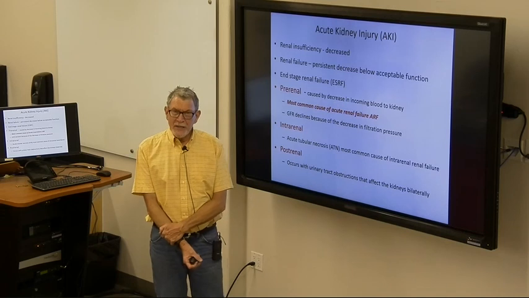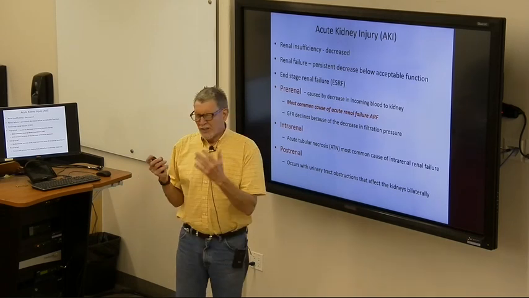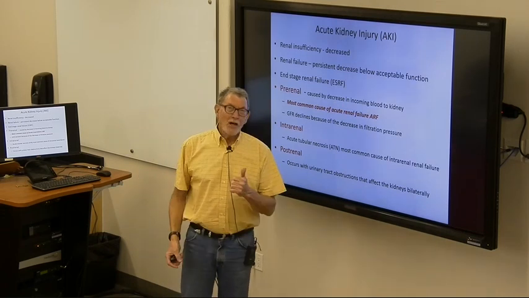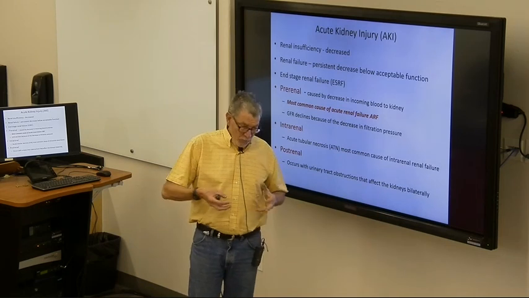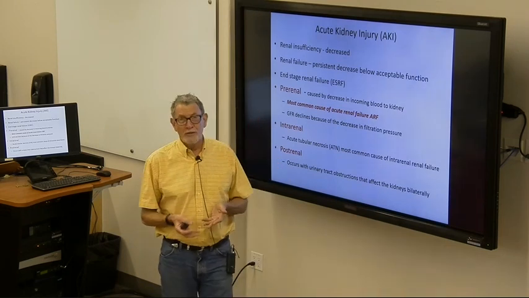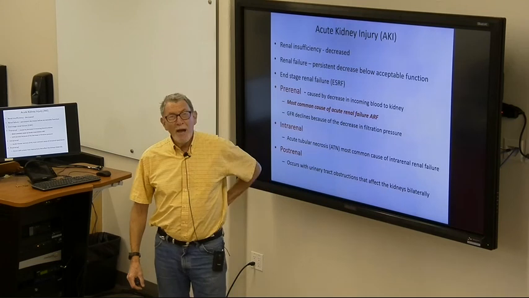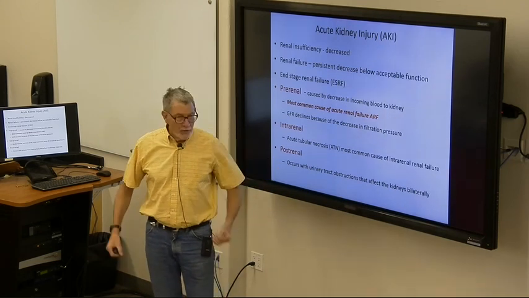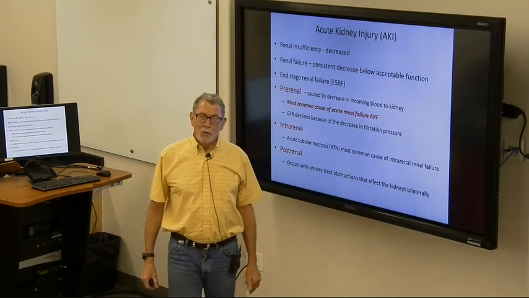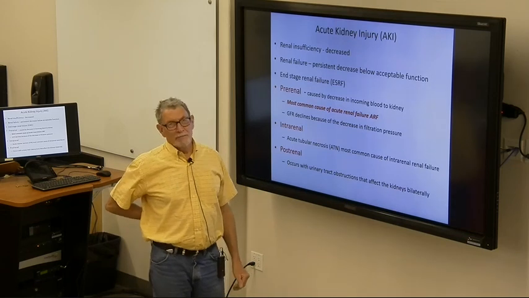Acute kidney injury happens when you get a disease, a backup that is sudden and stretches the kidney to the point where it damages it. You get hit in the back by somebody's football helmet when you're playing football, or fall off your bike and land on your back.